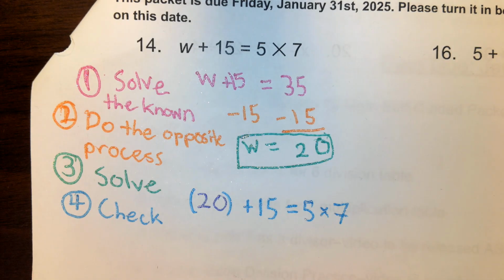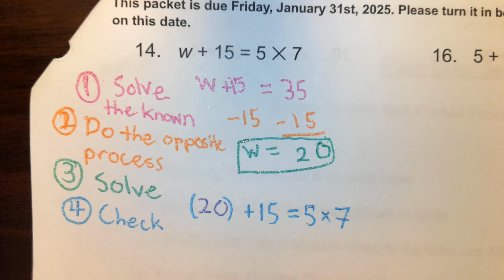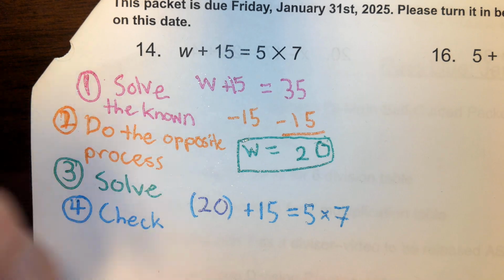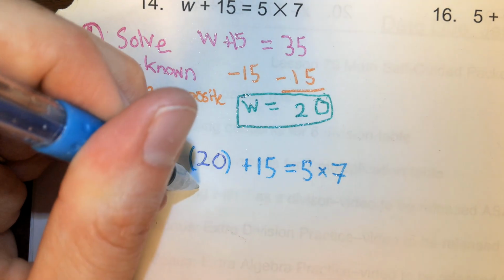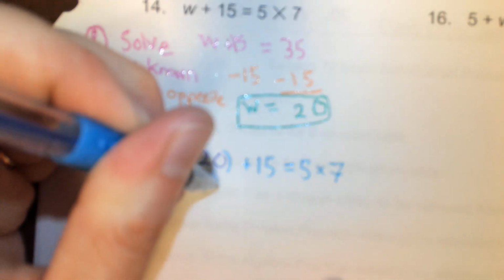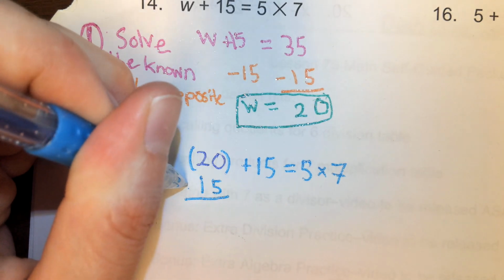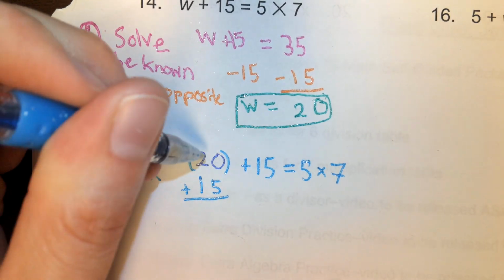Then we've got to actually resolve it. 20 plus 15. Remember what we can do, third grade, is we can put this below. We can add it like that.